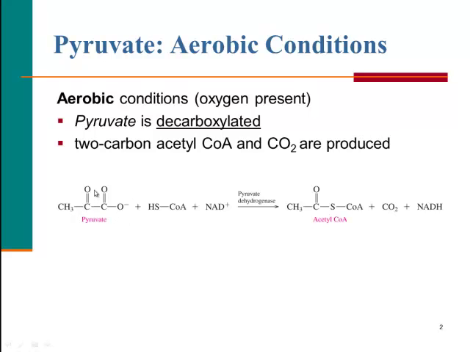So we already know that every time something is oxidized, something else has to be reduced. And that is where NAD and NADH come into play. So energy and electrons are being carried by our NADH molecule.